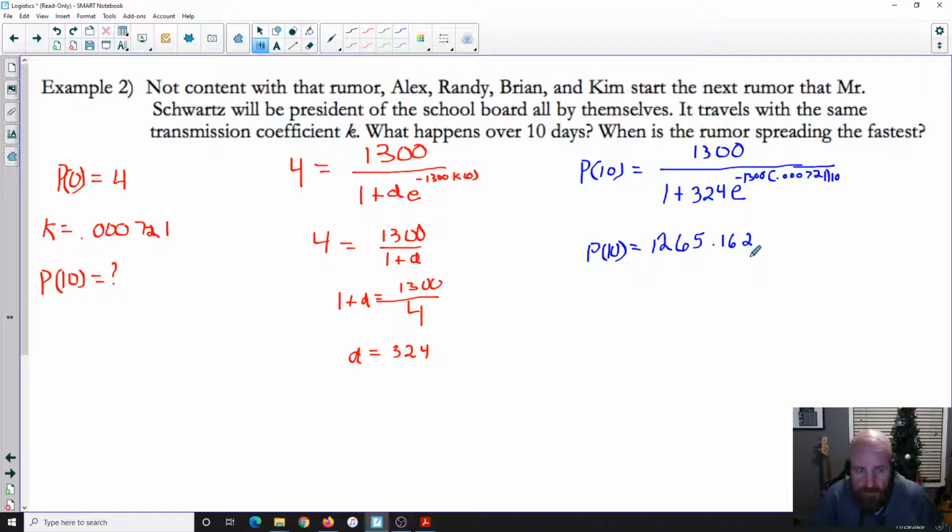We get 1265.162. Okay, so not too far off. Starting with a lot fewer people. We only started with 4 this time instead of 25, and we got pretty close to the same number.